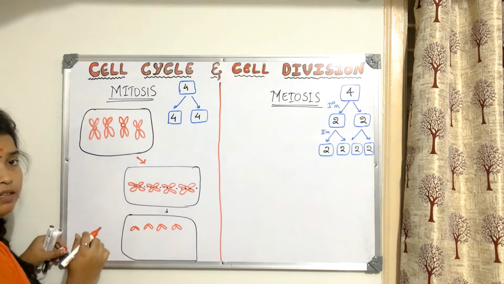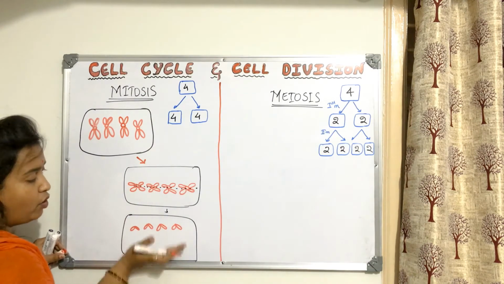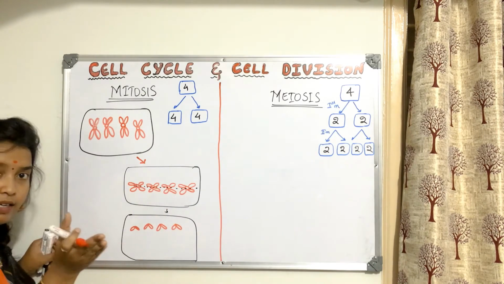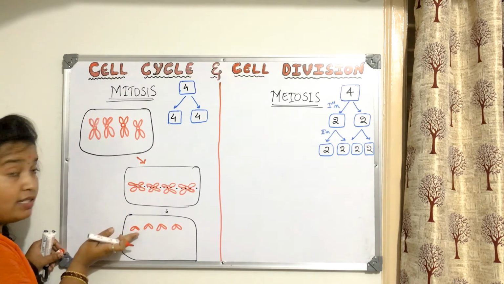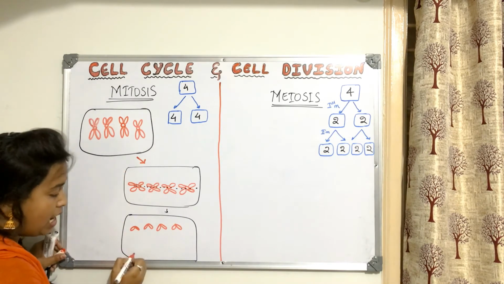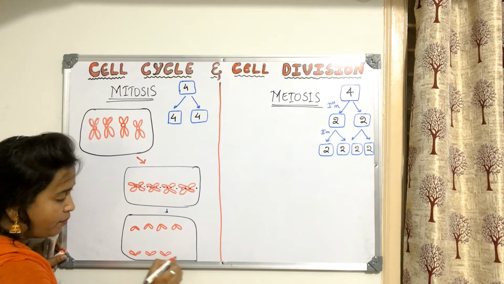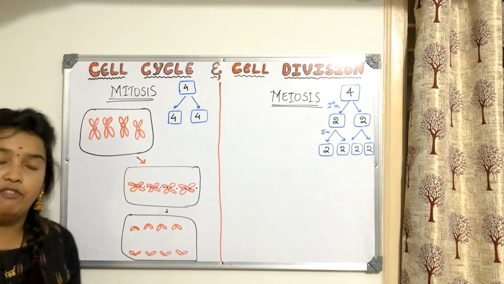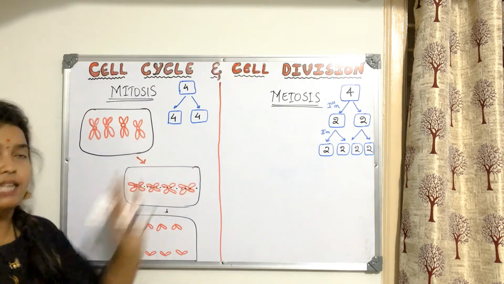What happened here? One chromosome has divided into 2 parts, and one sister chromatid is moving towards one pole, another sister chromatid is moving towards the other pole, because they are pulled with the help of spindle fibers. I am just making you understand why it is like this.